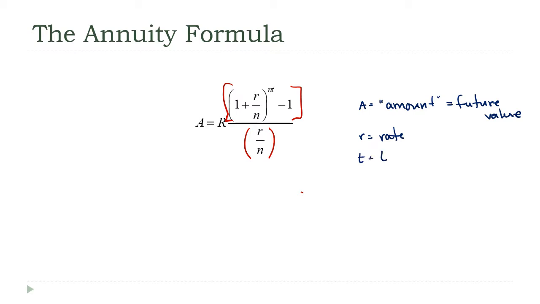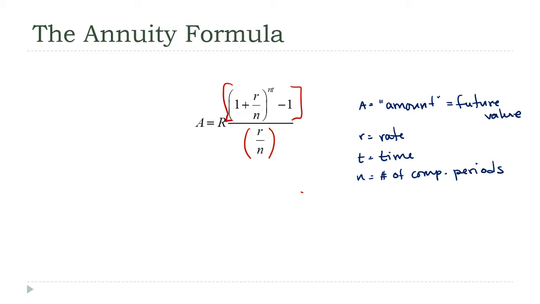T is the time, also just like it was before. And N is the number of compounding periods, again just like with the compound interest formula. If we're doing this monthly, there's 12 months in a year, so it's 12. Quarterly, 4 quarters in a year, so it's 4, and so on.